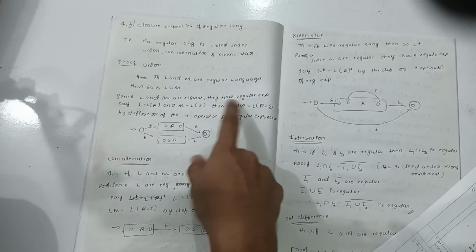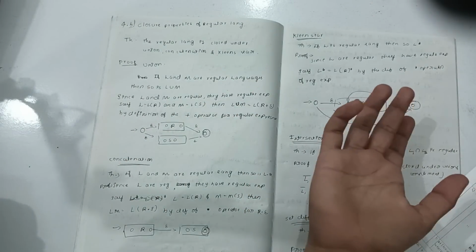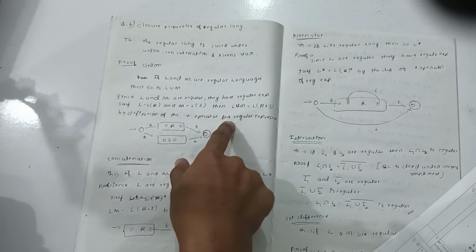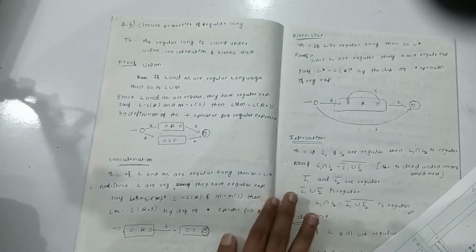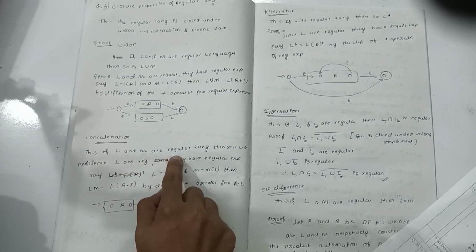L union M means adding with the help of epsilon. It should also be a regular language by the definition of the plus operator for a regular expression. So write this much.